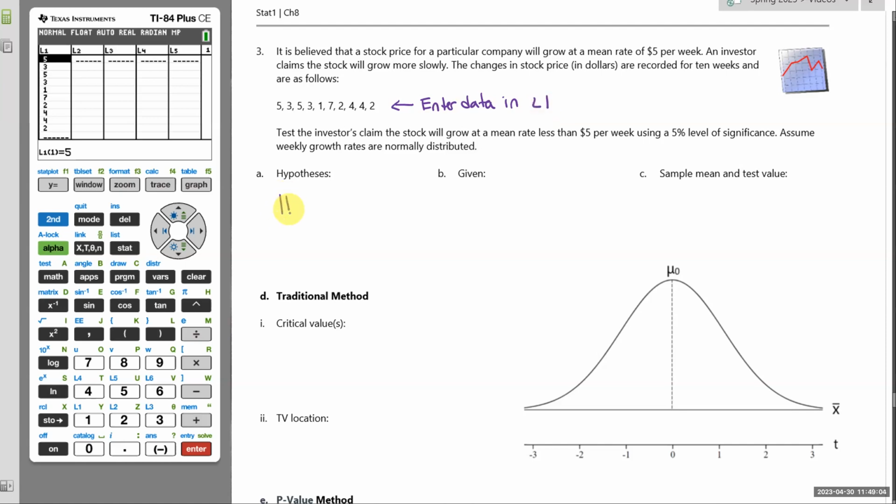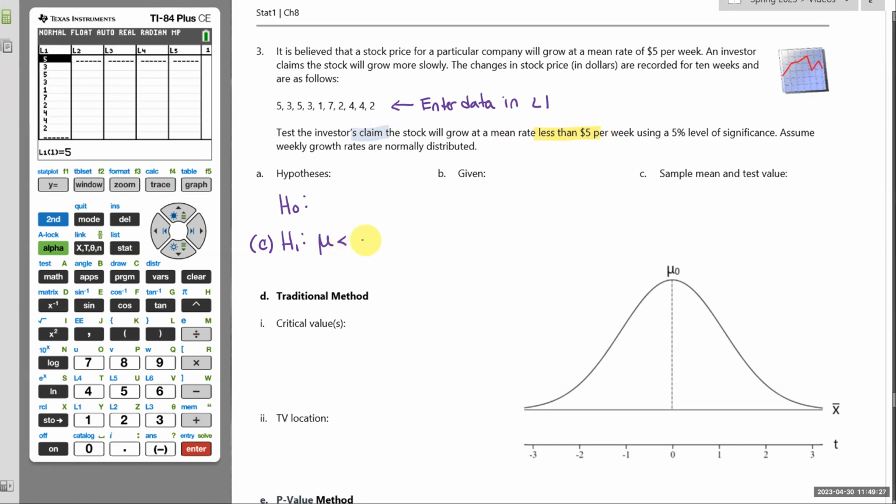All right, so the hypotheses. An investor claims, so we can put that claim, that the mean rate of growth, so the population mean, will be less than $5 a week.